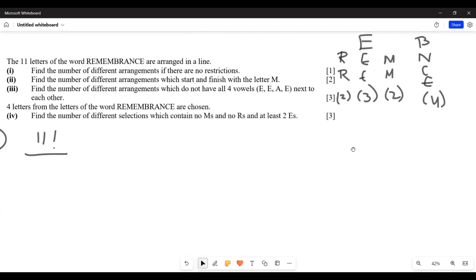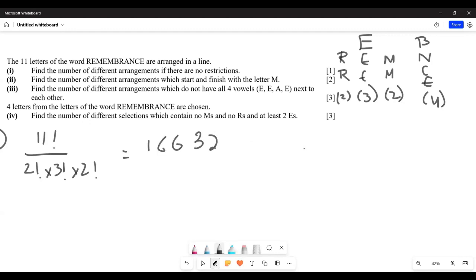So we have 3 E's, 2 R's, and 2 M's. So it's going to be 2 factorial times 3 factorial times 2 factorial. So what does this give us? That's a big number: 1,663,200.